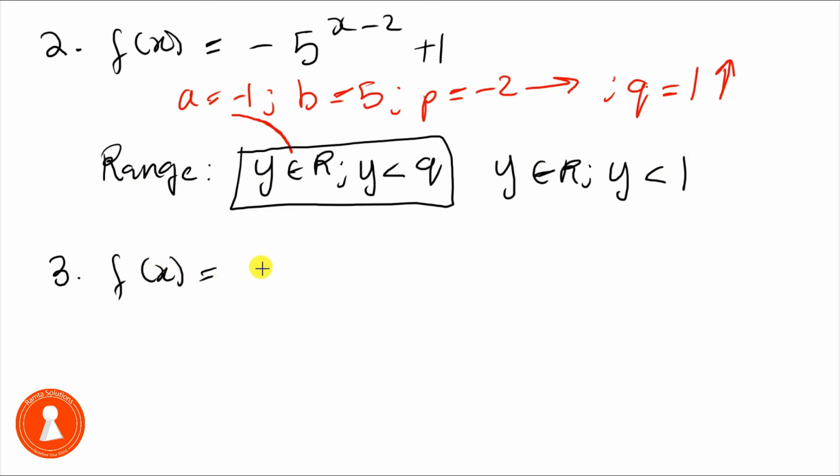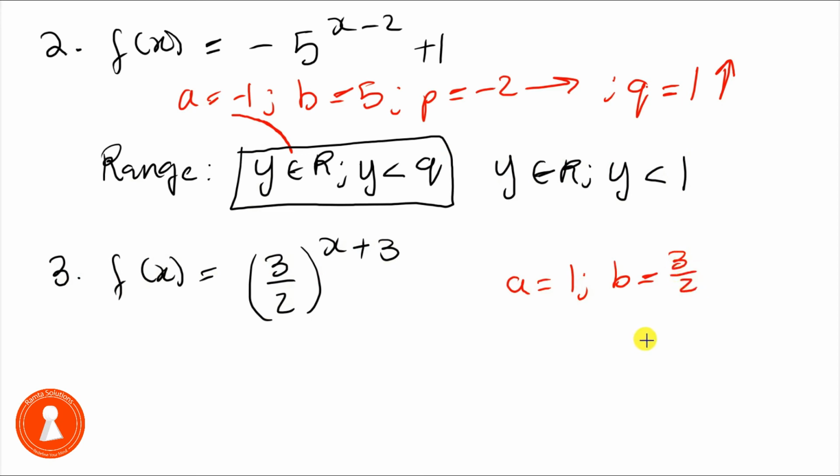F of x equals 3 over 2 all to the x plus 3. With this one, a equals 1, b equals 3 over 2. So this means our graph looks like this. P equals 3, it shifts to the right.